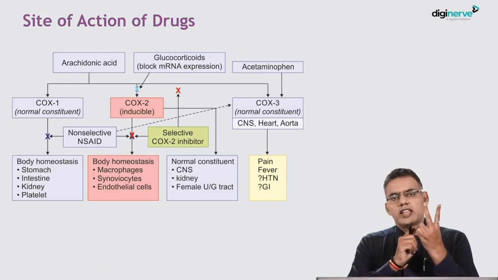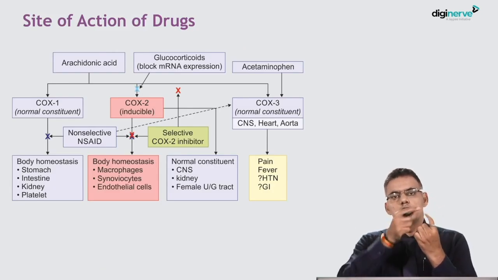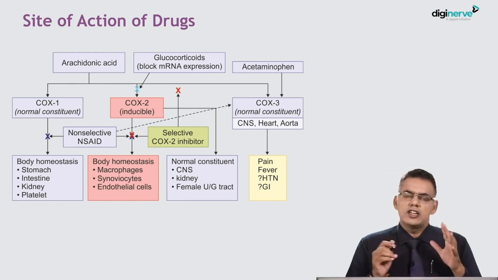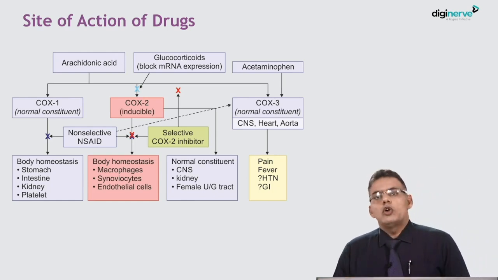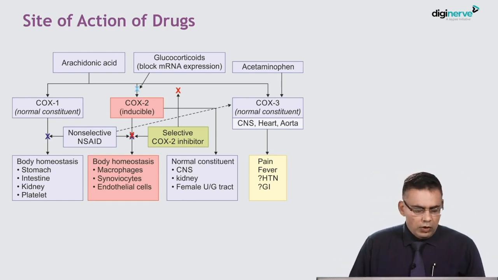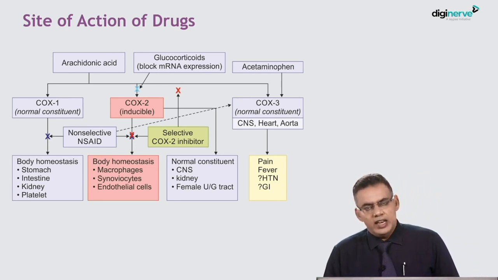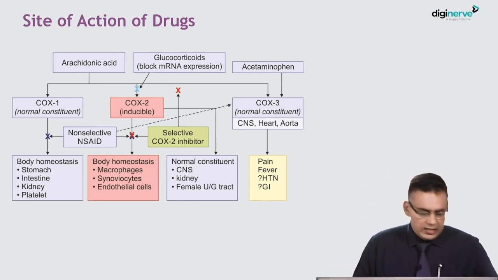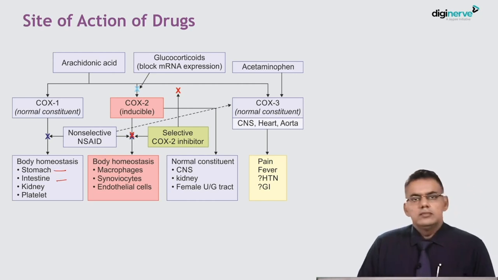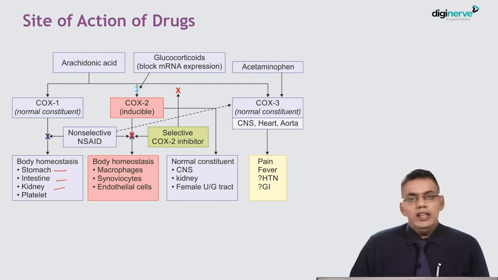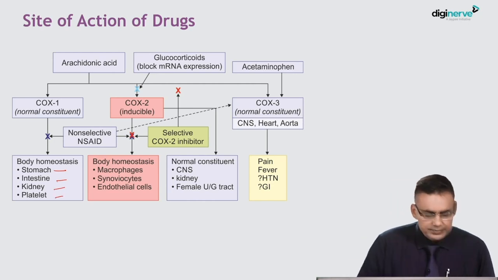This cyclooxygenase exists in three isoforms, which are called cyclooxygenase 1, cyclooxygenase 2 and cyclooxygenase 3. Now let's first understand the difference between these three cyclooxygenases. Cyclooxygenase 1 is the normal constituent. Therefore, it is responsible for maintaining body homeostasis in the stomach, in the intestine, in the kidney, as well as in the platelets.